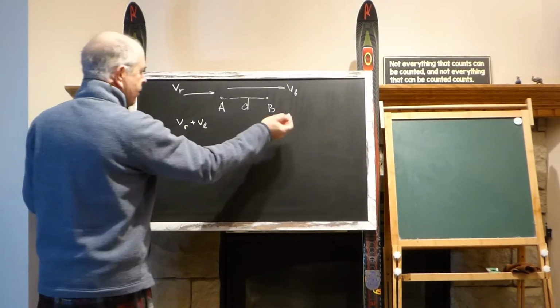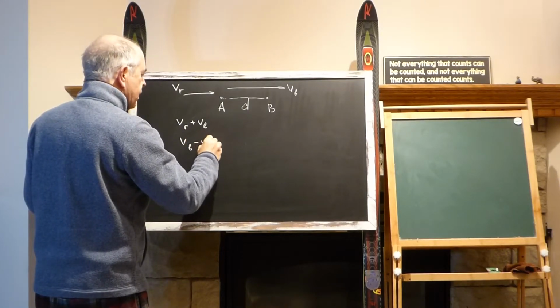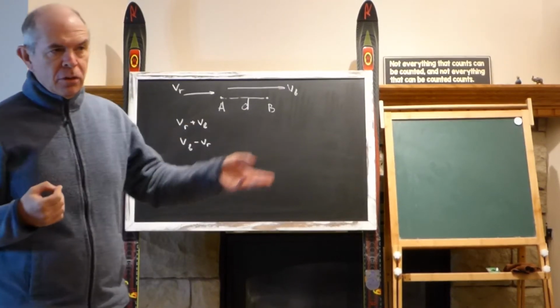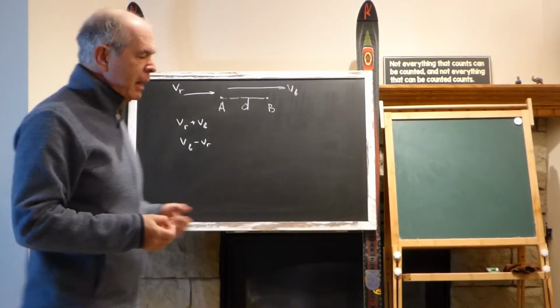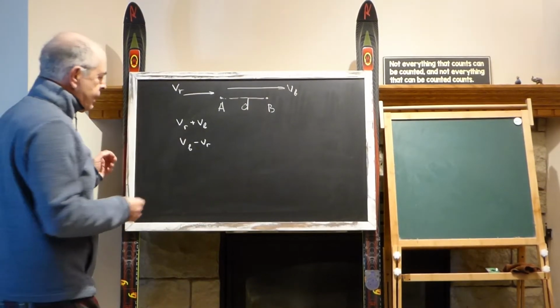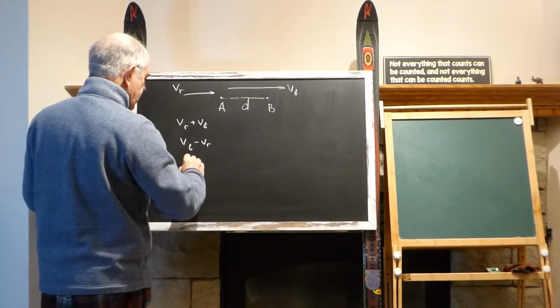And when it goes backwards, in this direction, it's V_B minus V_R. So if the current is strong, it goes slower, and when it goes down the current helps it. So pretty obvious. That's all the physics, except when there is a raft that's going from here to here.